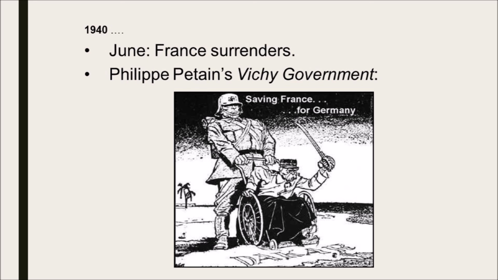The guy who is, quote, running it, end quote, which means he's not running it at all. The Nazis are running it. He's just put in there as a puppet, a figurehead. But this guy is Philippe Pétain. He was a World War I French hero, right? So he's working for the Nazis now.